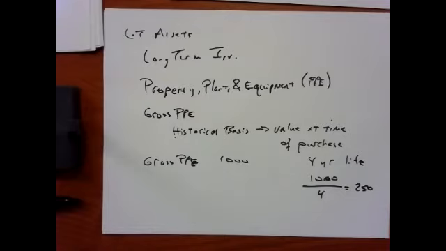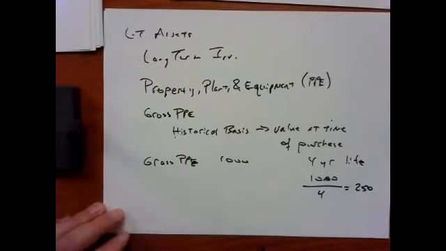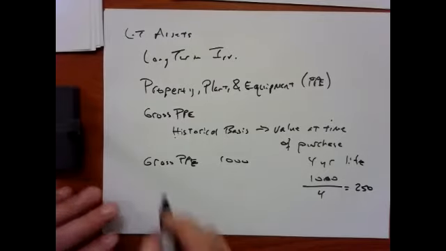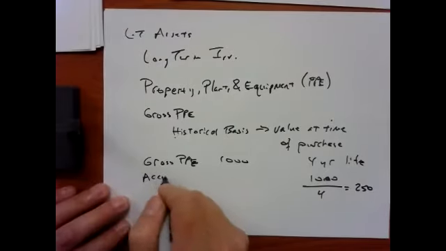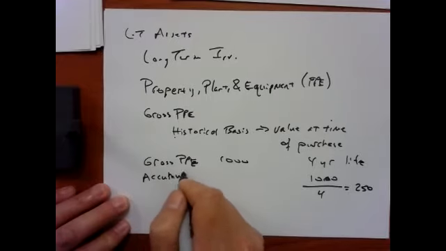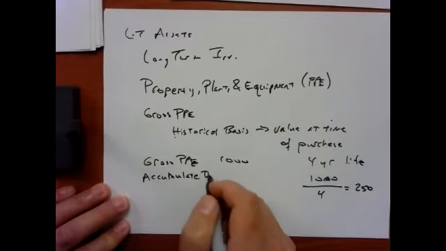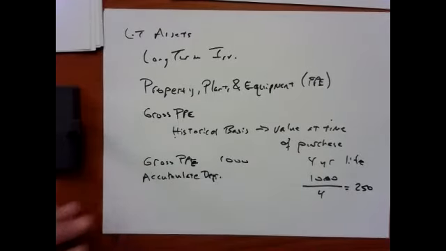So what I'm going to have is an adjusting account along with my gross PPE. It's not an expense. It's not a liability. A lot of students get confused. It is an adjusting account called accumulated depreciation.